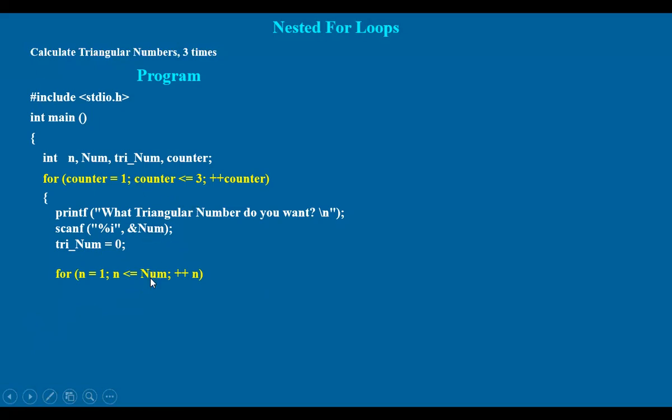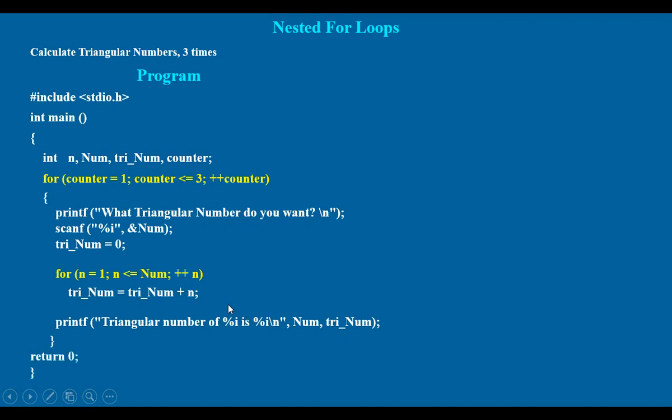It starts with n initialized to 1, and it loops for that number of times, whatever number we are giving. Here the statement is triangular number plus n. That's what we have seen earlier. Because we have only one statement, we print the triangular number of the number we are entering. So we get a value here. Close the loop and return.